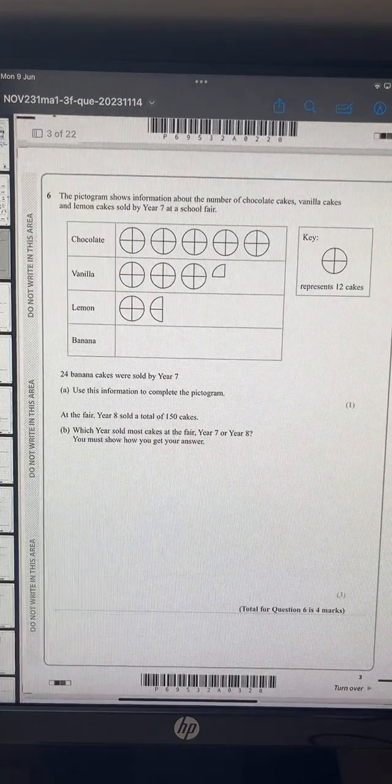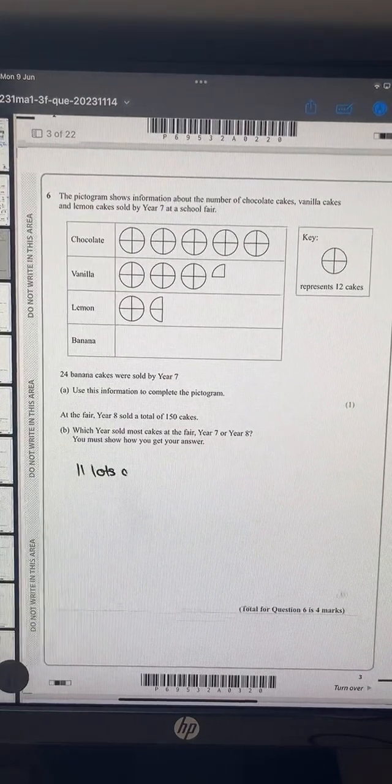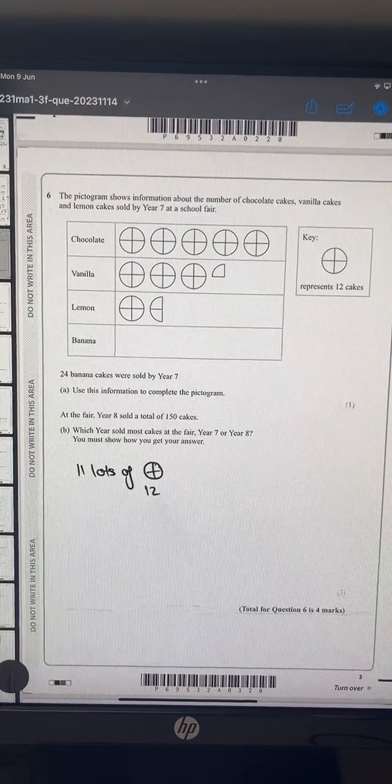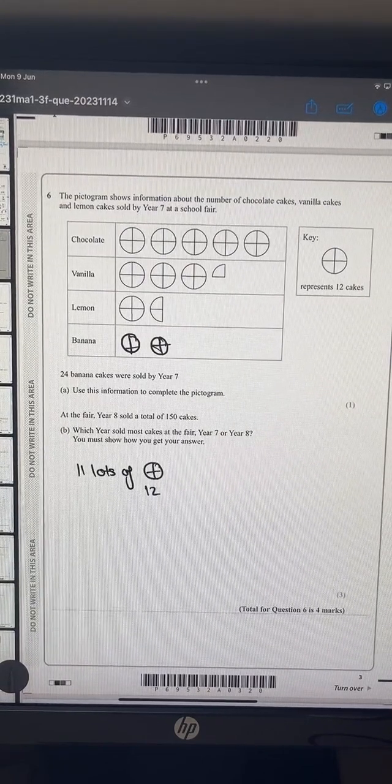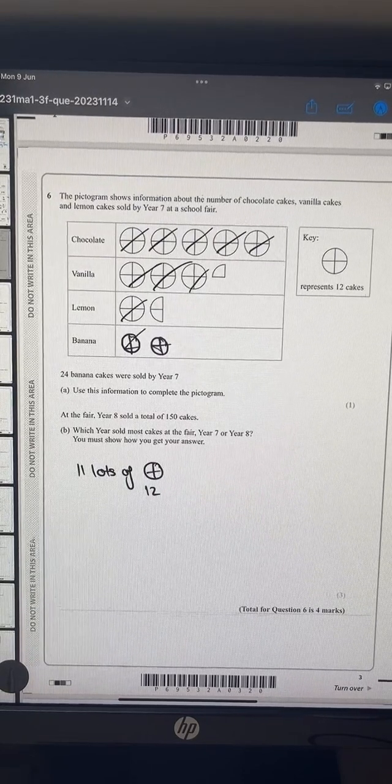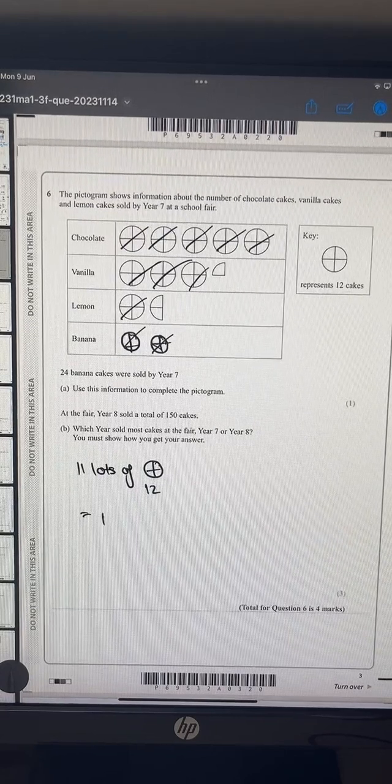So I've got 11 lots of 12. The PDF loves rubbing out on me. So 11 times 12, I can put that into my calculator, and I get 132.